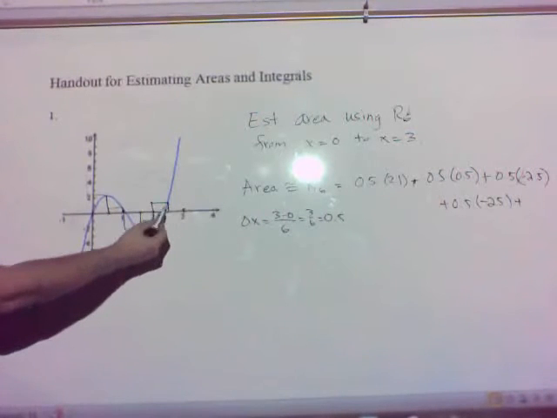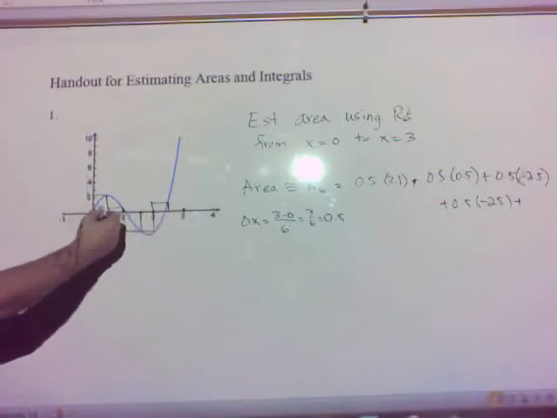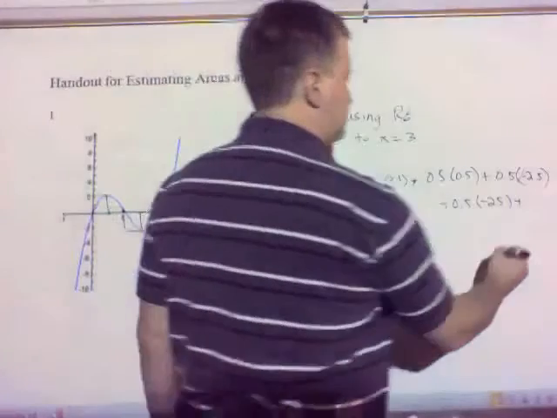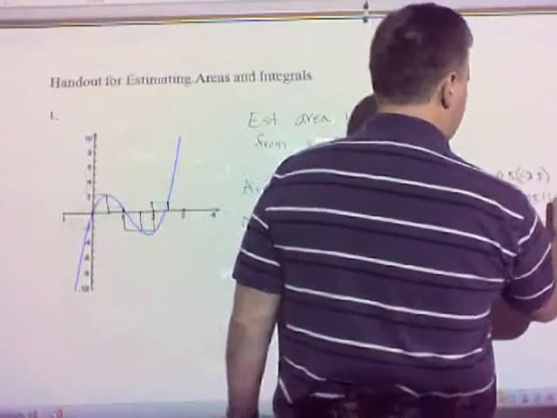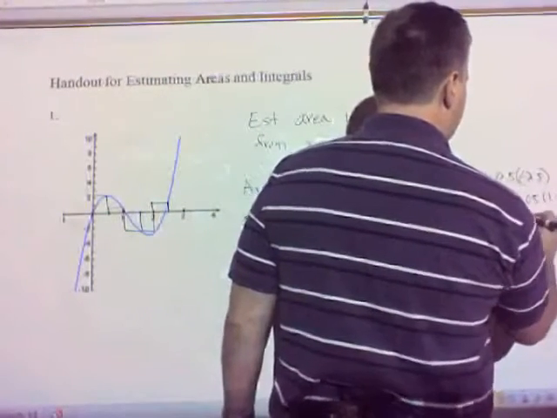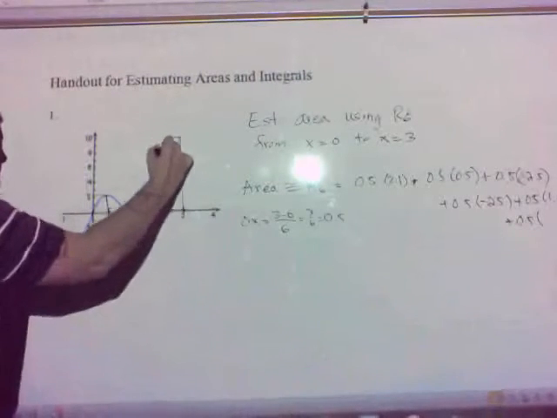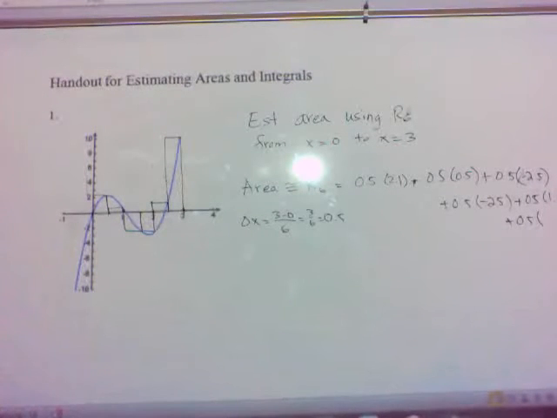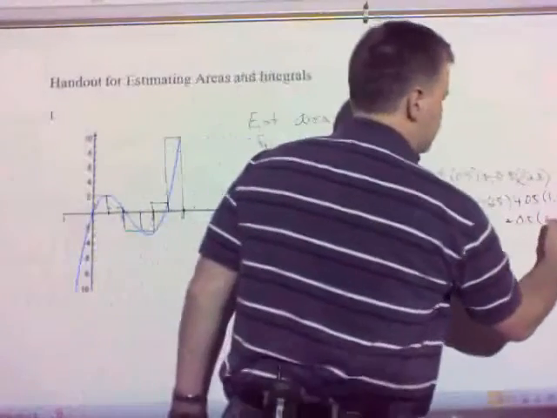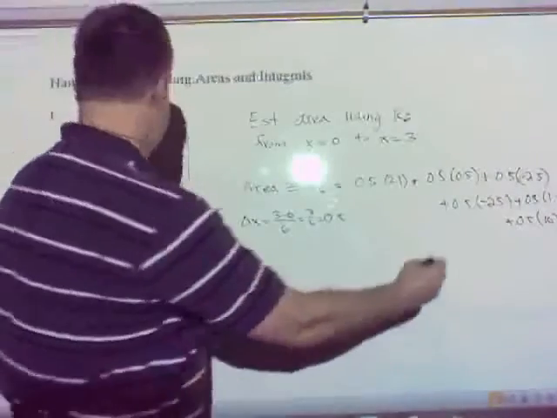I'm going to say it's about 1.1. And then the last one is, well, it's way up there, so it's a big, tall rectangle. So yeah, that's 10. Is it 10? Right at 10?